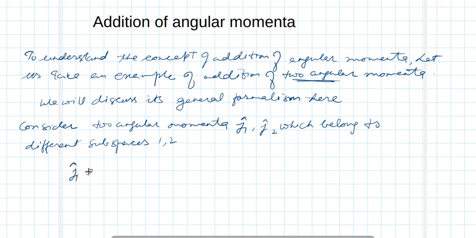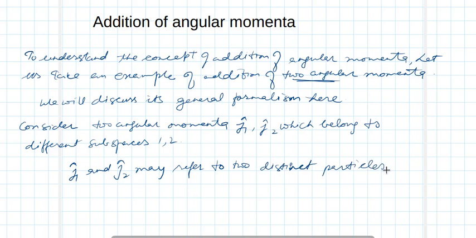J1 and J2 may refer to two distinct particles or two different properties of the same particle.